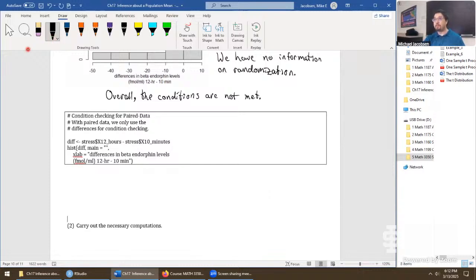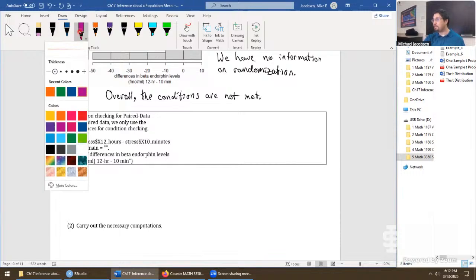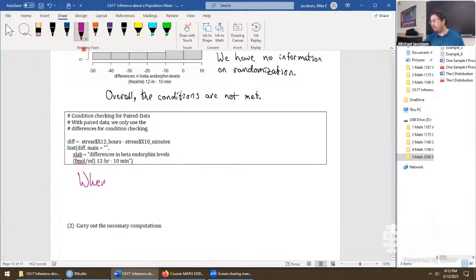So when conditions are not met, here's my guidance for you. 2 options. One option is do what I said first, run the method anyway. That seems awful, but let's keep on saying it.